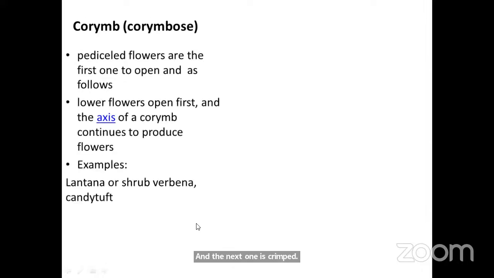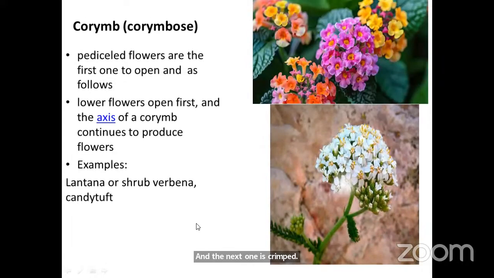And the next one is corymb. This is a form of inflorescence wherein the pedicel flowers are the first ones to open, and the other parts would follow.